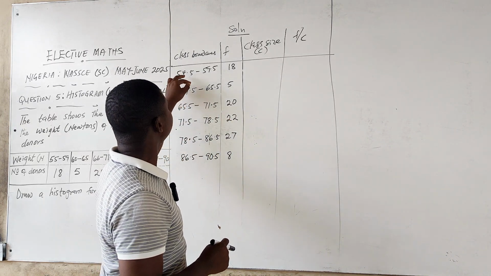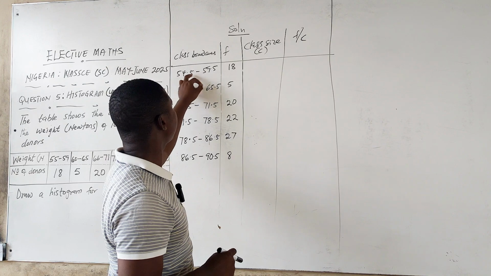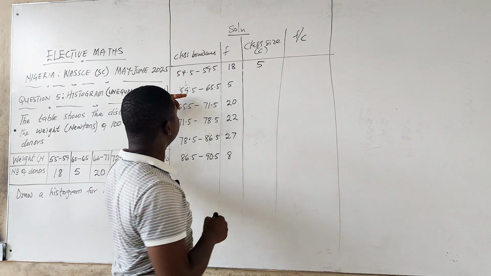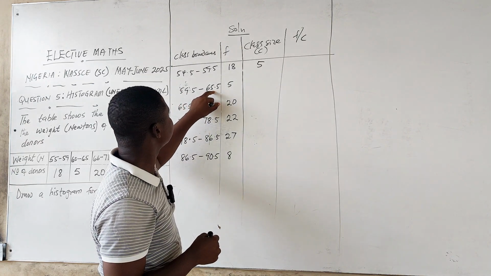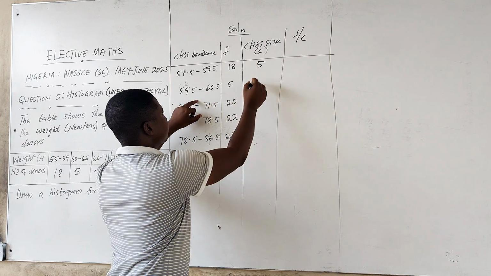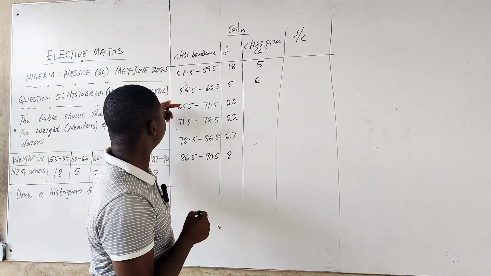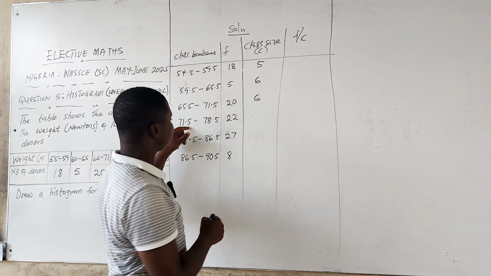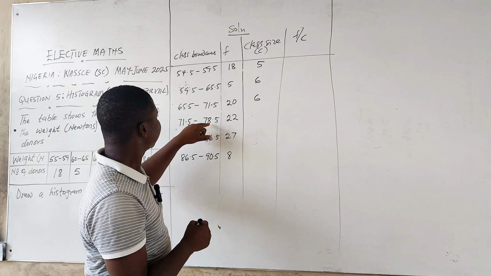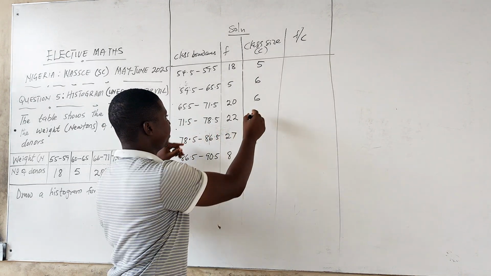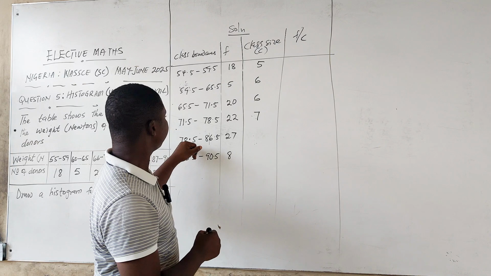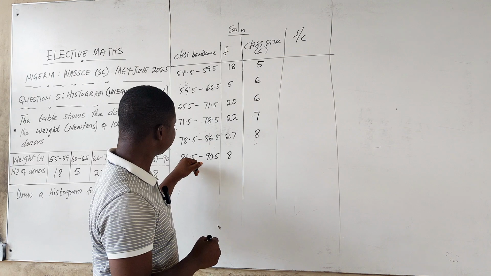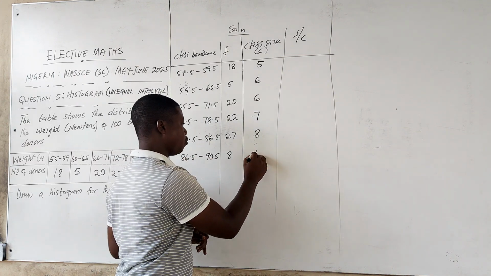For 54.5 to 59.5, the difference is 5. 59.5 to 65.5, the difference is 6. 65.5 to 71.5, the difference is also 6. 71.5 to 78.5, the difference is 7. 78.5 to 86.5, the difference is 8. Then 86.5 to 90.5, the difference is 4.